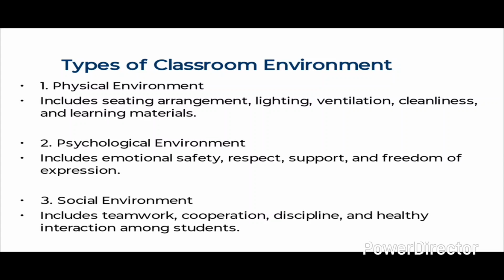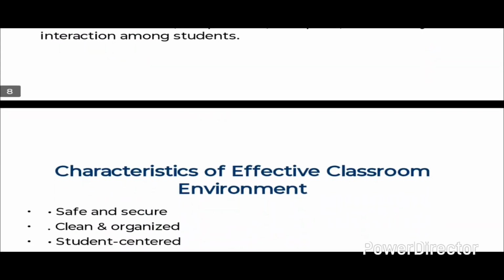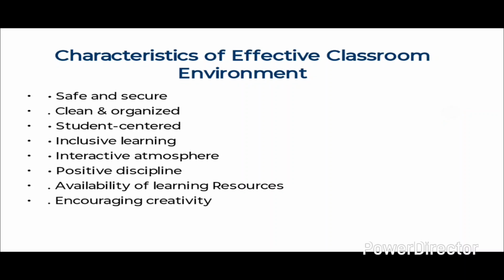Last one, social environment, is comprised of student perception about how they are encouraged to interact with and relate to others. For example, interaction among students, cooperation, discipline and teamwork. Next is characteristics of effective classroom environment.